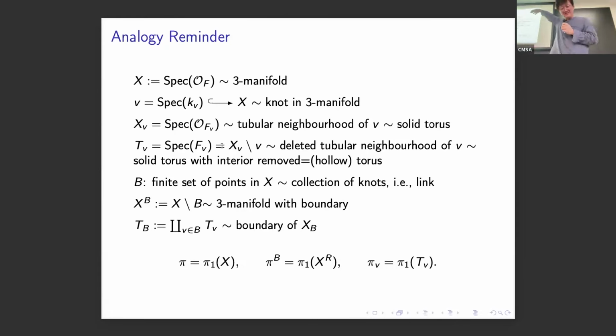Remember, this is just review of the analogy and notation from the first two slides. The arithmetic three-manifold and X are the three-manifolds of various things that we introduced.